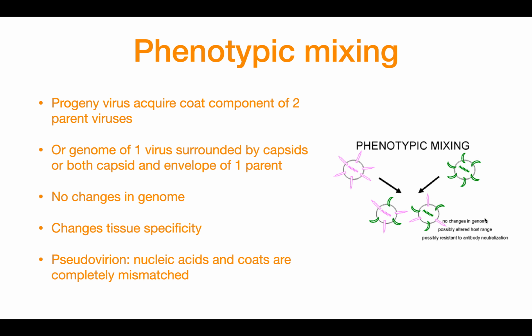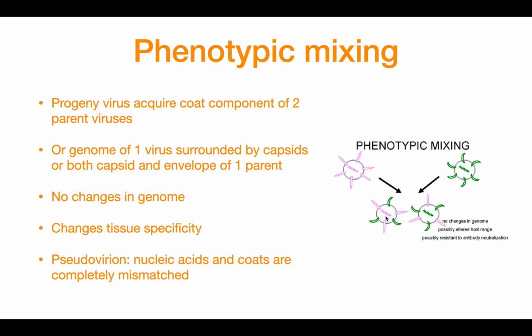Phenotype mixing is when a progeny virus acquires the coat components of the two parent viruses. So this is A, this is B, and then when they combine, you get a bit of A and you get a bit of B. Or there can be the genome of one virus surrounded by the capsids of both parent viruses or the envelope of one parent.